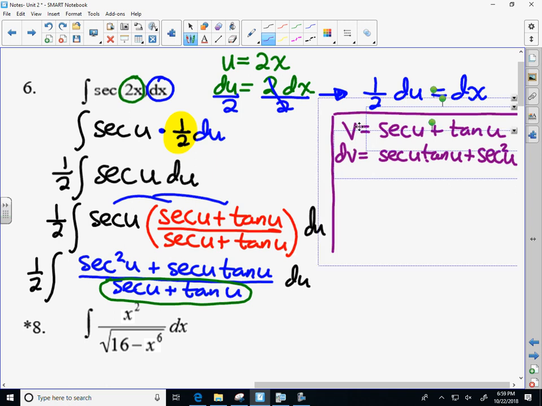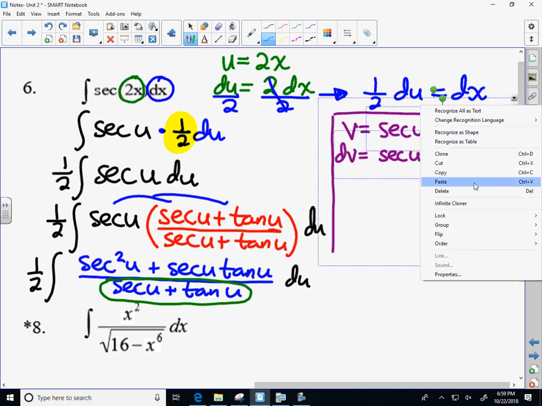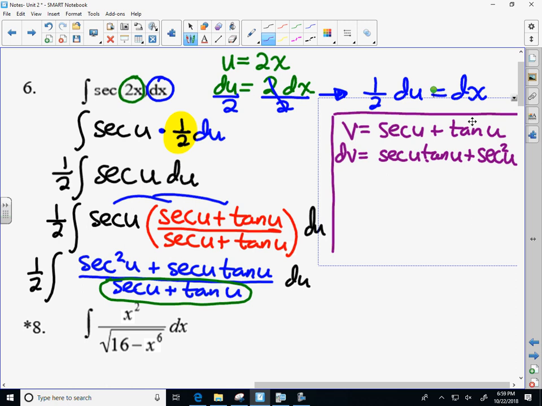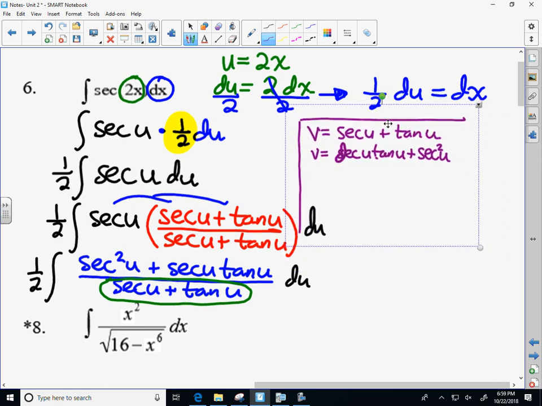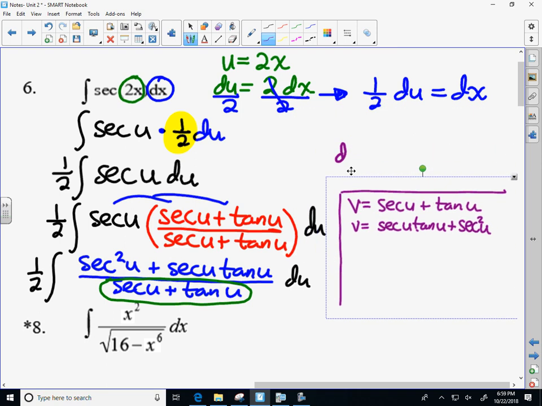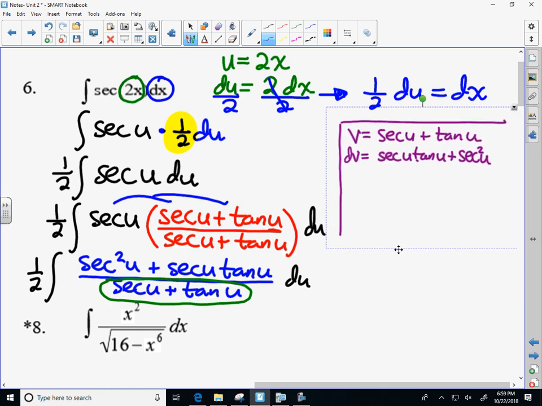Alright, whatever. I guess I got it. I just need to be able to tuck the du at the end.